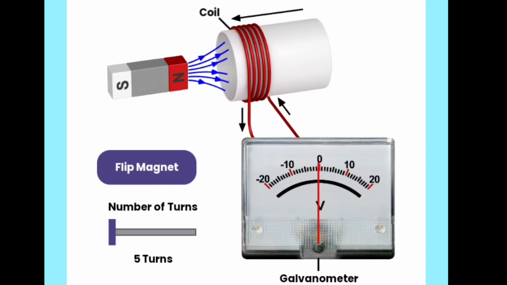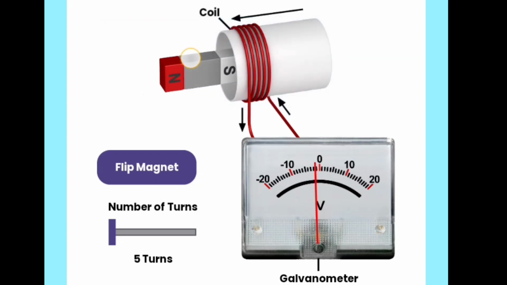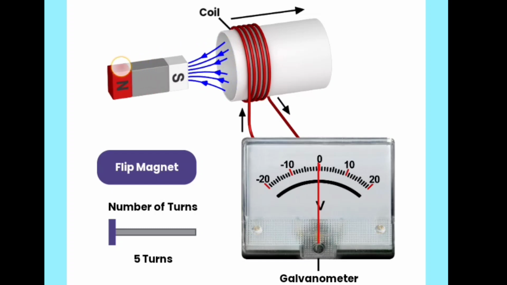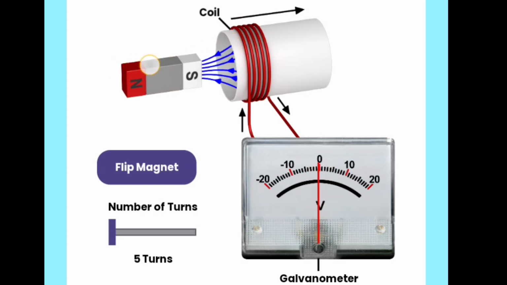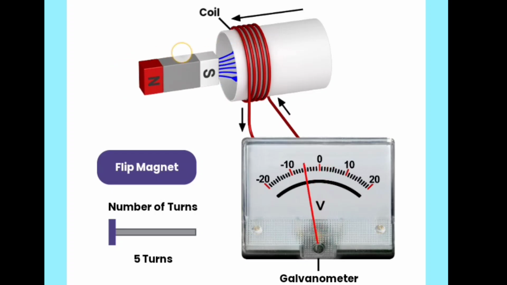Now for the next case, just flip the magnet, that is take the south pole of the bar magnet closer to the coil, move it away from the coil, move it a little bit faster, increase the movement of the bar magnet, and just keep an eye on the deflection shown by the galvanometer.